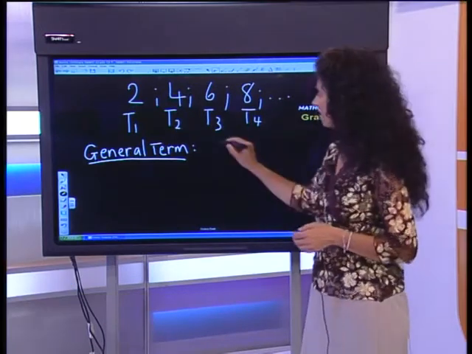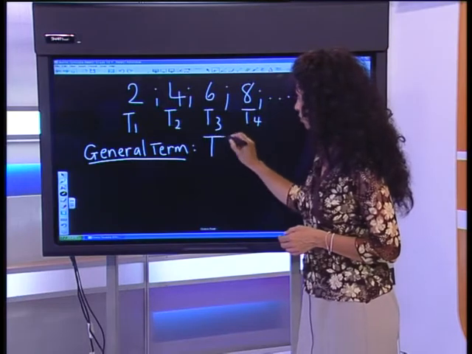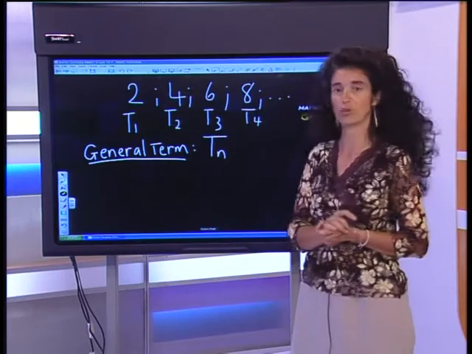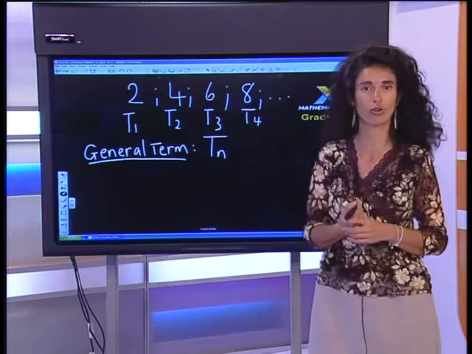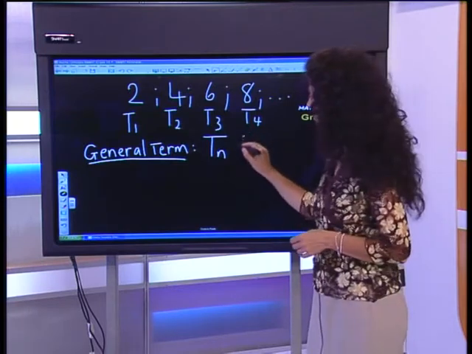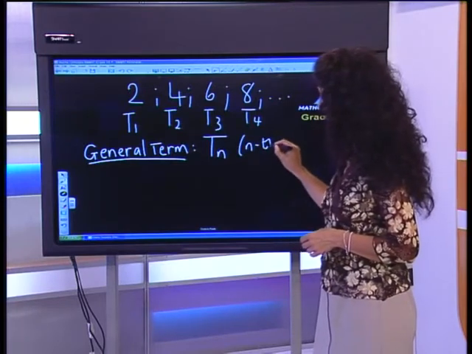And so all cases in any sequence would be the Tn sequence. So we're looking for the nth term, and that's what we call it, the nth term of a sequence. So that would be my nth term.